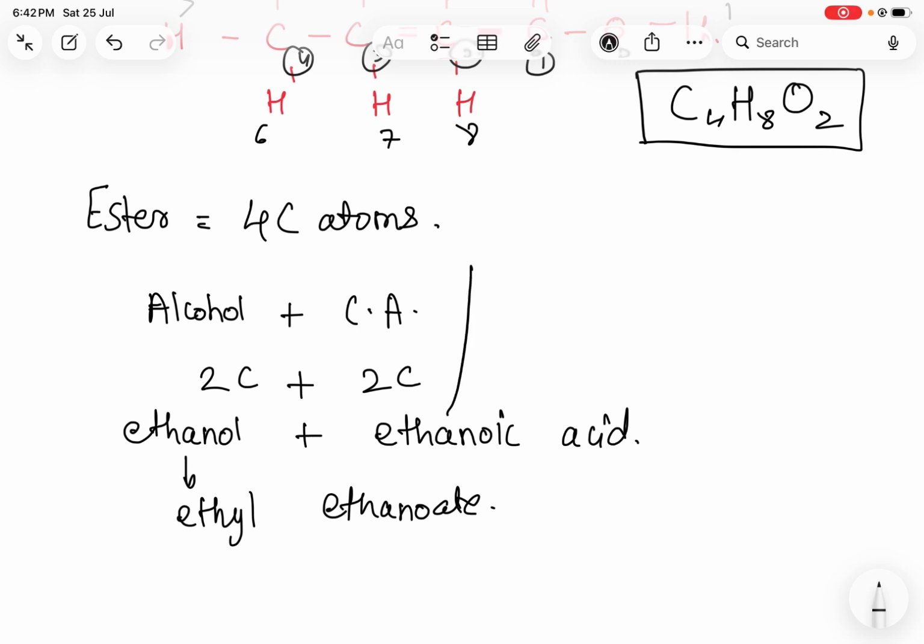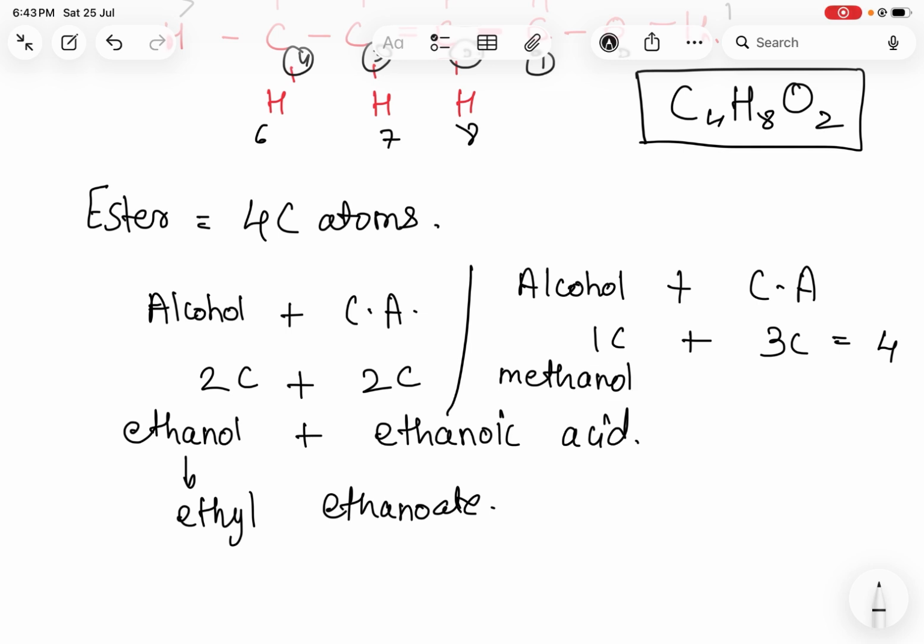Or another way of making 4 is 1 plus 3 is equal to 4. Okay, so here 1 carbon atom of alcohol is methanol, and 3 carbon atom carboxylic acid is propanoic acid.